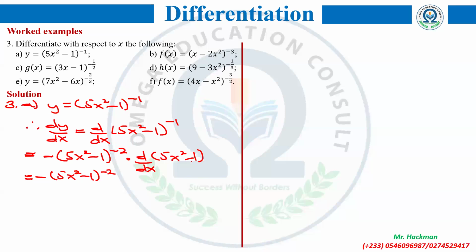If you differentiate 5x squared minus 1, what do we get? It's 10x. Do you all agree? So it will be times 10x. Then you close your bracket. You know this minus 1 and the 10x can easily multiply, and that will give you minus 10x. But because it's just a monomial, I can choose not to put it in brackets. So I'll write minus 10x times 5x squared minus 1, all to the power negative 2. All correct, my professors?